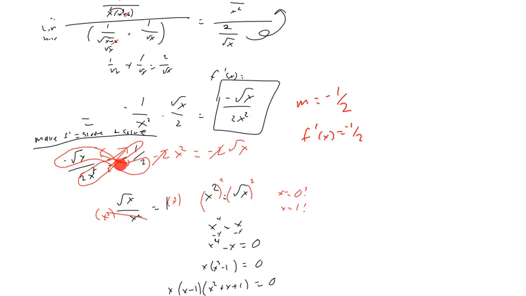And this is the part where it gets complicated because we have this weird square root and we have this squared equation. Messy, messy equation. If I made this equal to negative half, I cross multiplied, I got this x squared equals square root x. We're okay with that.